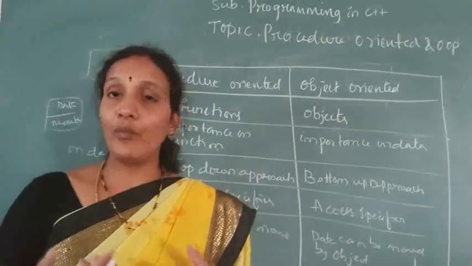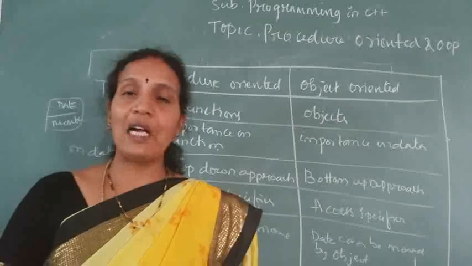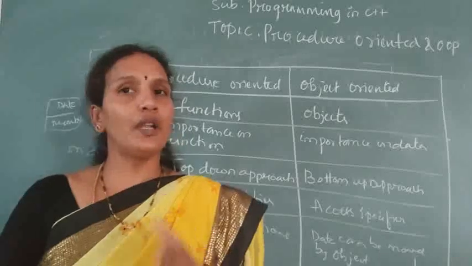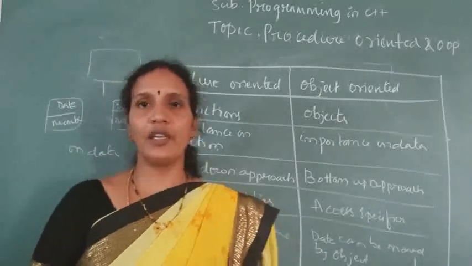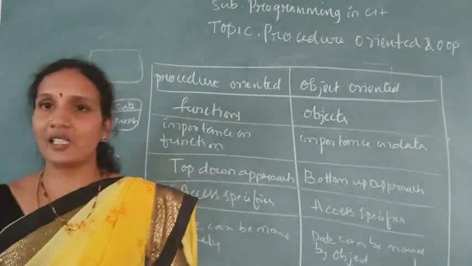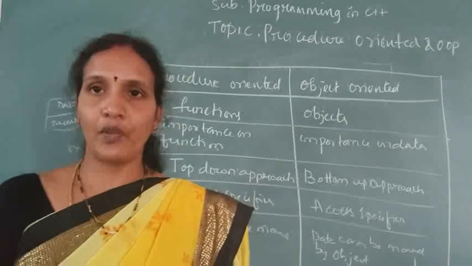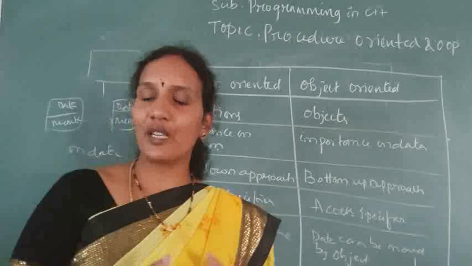One more basic advantage of object-oriented program is that, according to real world problems, you can design the objects. For example, you are creating a project for a bank. Customer is an object, bank is one object. They can communicate with each other. About the customer, what will we store?